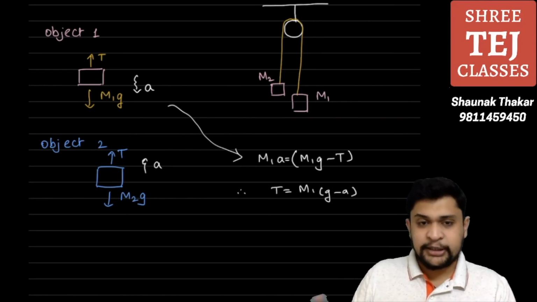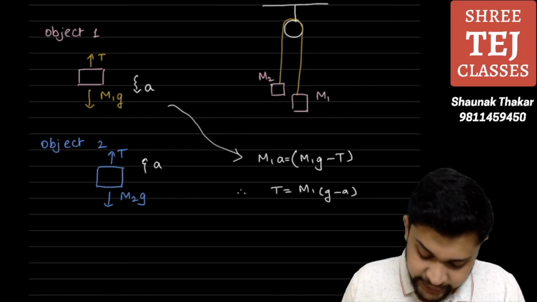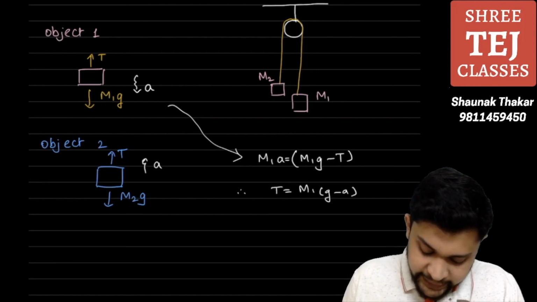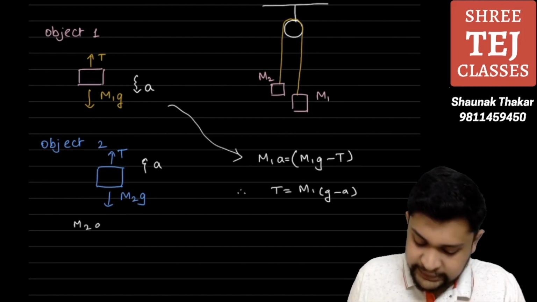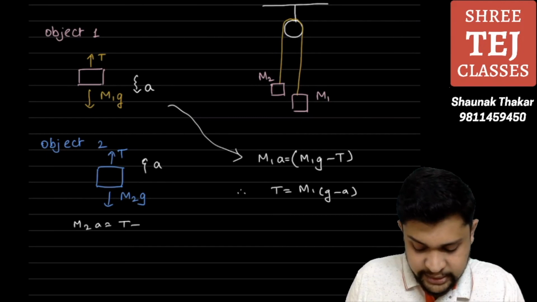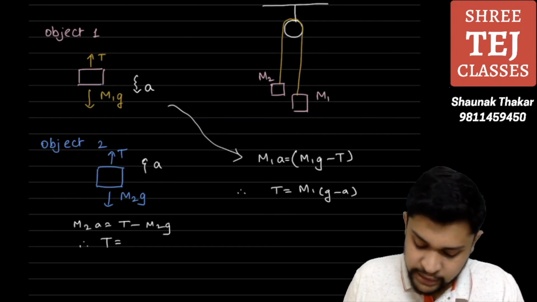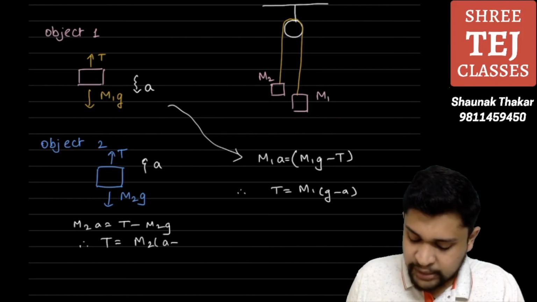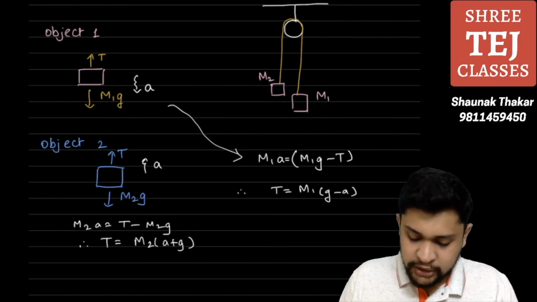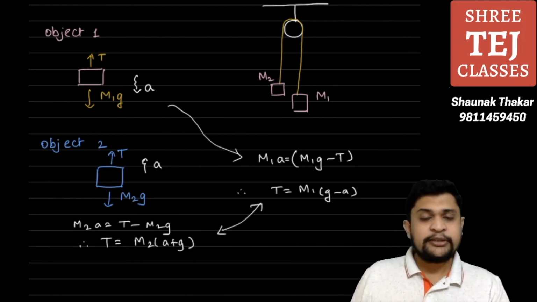Okay, this will be tension T. For object 2, we will get m2a is equal to T minus m2g. Therefore, T will be m2(a plus g).